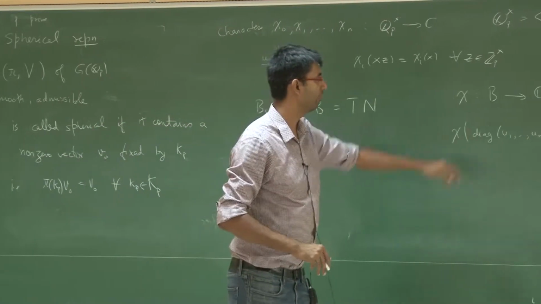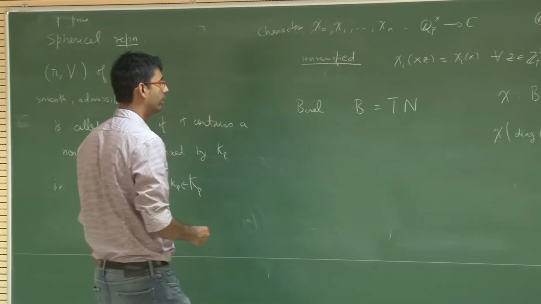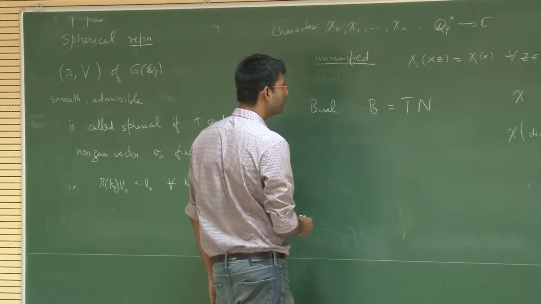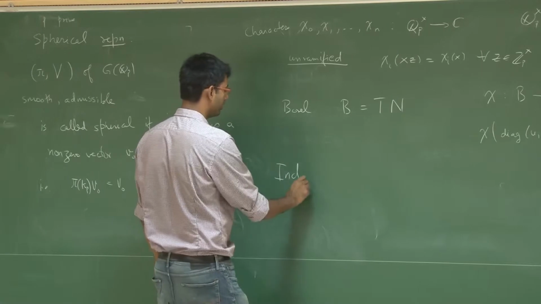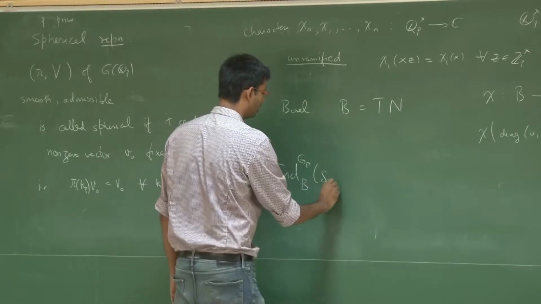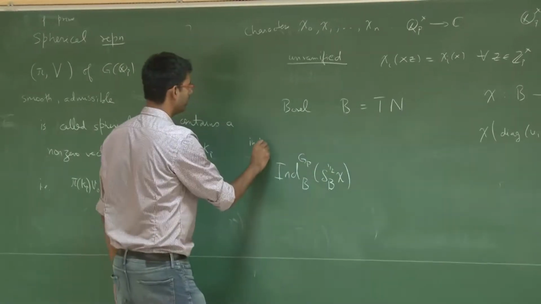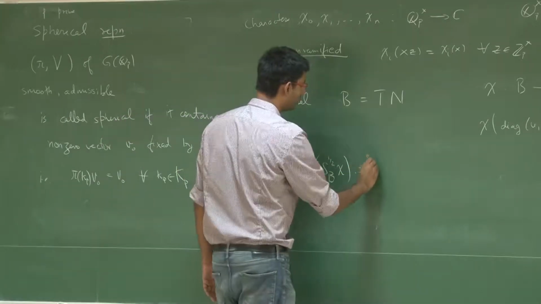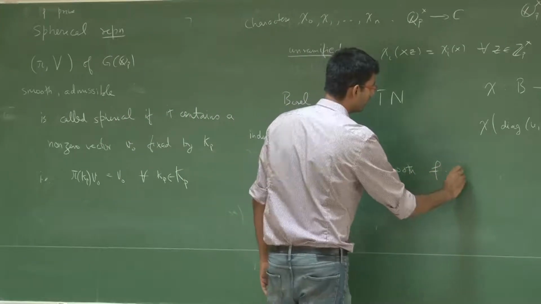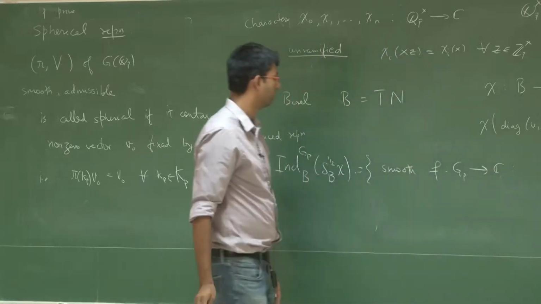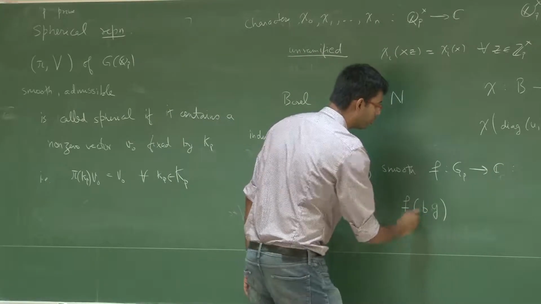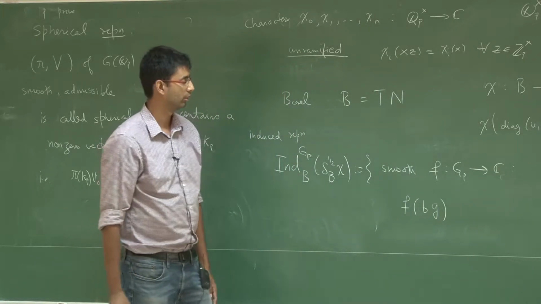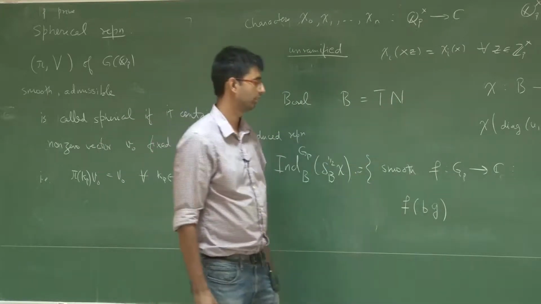So it's well defined and everything, and then you construct what is called the induced representation. So the notation is the following, and I'll tell you concretely what this is. This is the induced representation, and what is this guy? This is the space of all smooth C-valued functions on G(Qp), such that if you take any element g and you multiply on the left by an element in the Borel, then this character pops out.